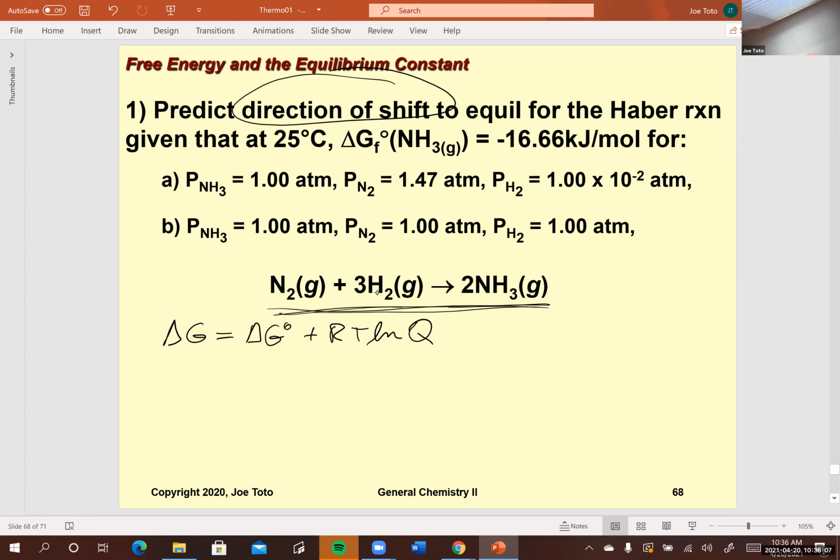So in this problem, what we're going to need to do is calculate delta G and Q. And they give us Q for these two different situations. So we're going to have to calculate delta G0.